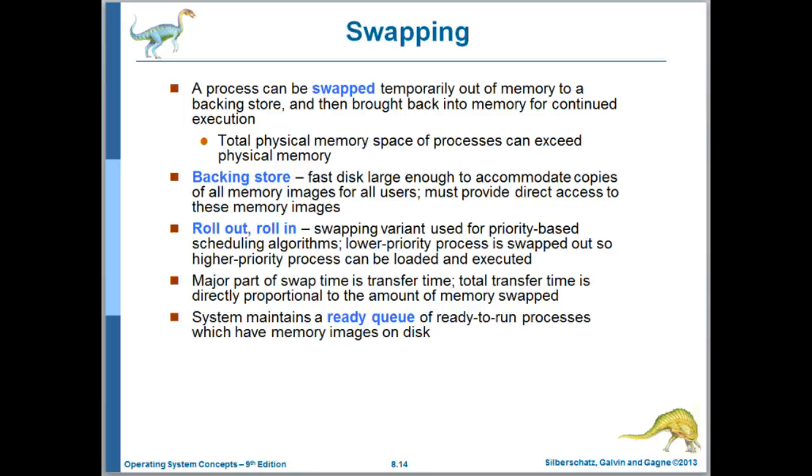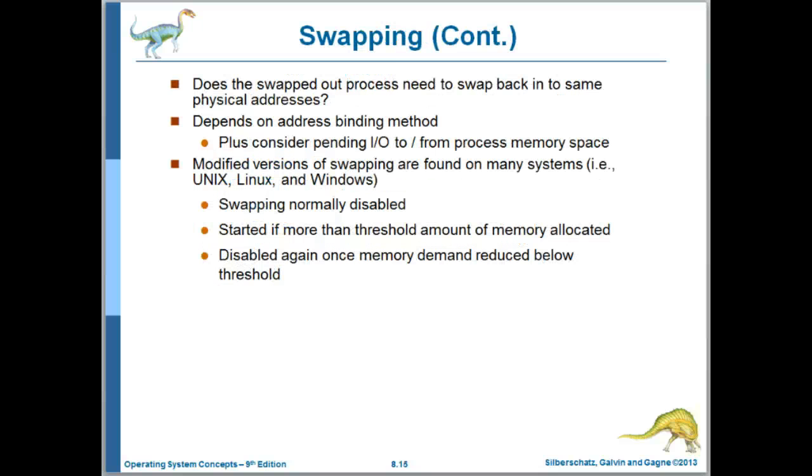Processes may have to be swapped if there's not sufficient available memory to run a current process. One of the complexities of swapping is, what do we do if a process that we're going to swap out is waiting for I/O?